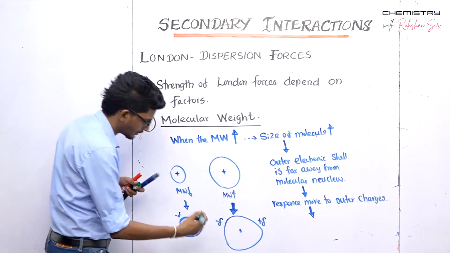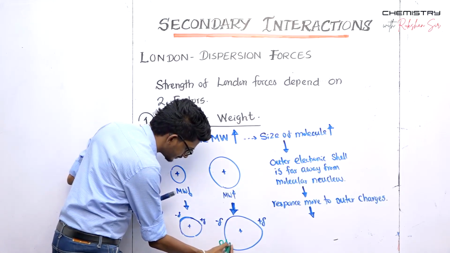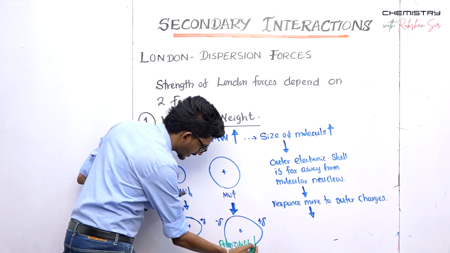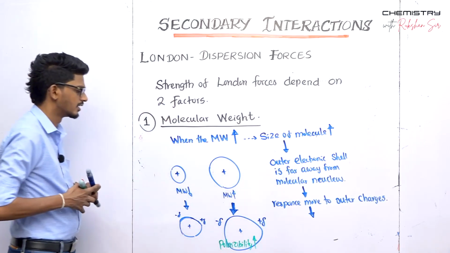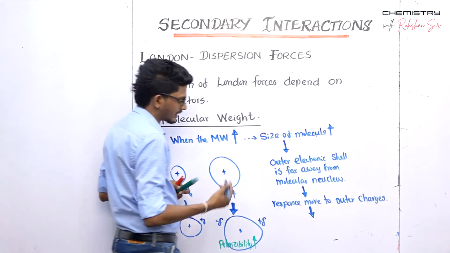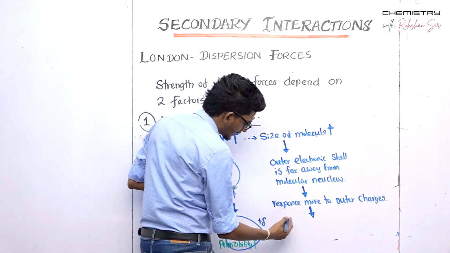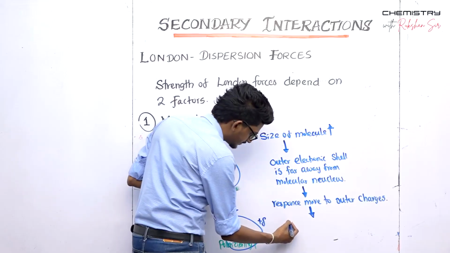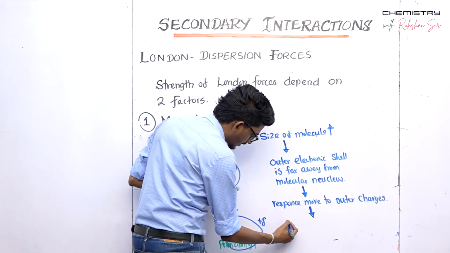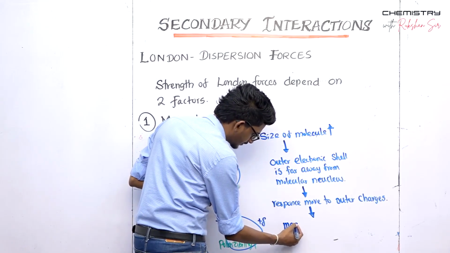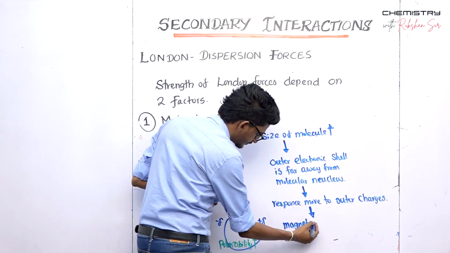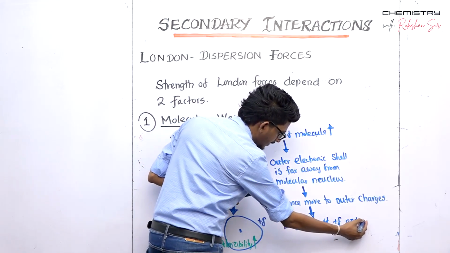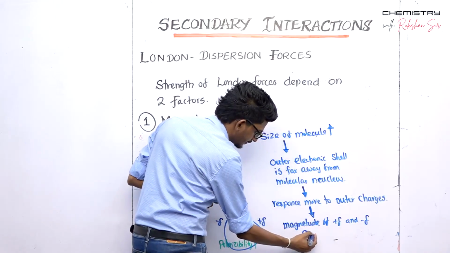Right, so here the polarizability is high with the greater size, so the positive delta and negative delta charges will be more pronounced there. The magnitudes of delta positive and delta negative are high.